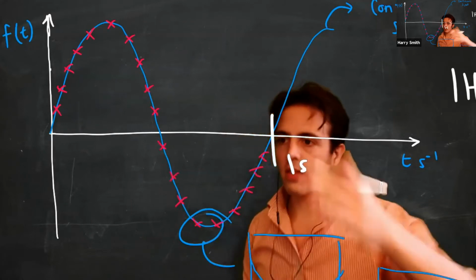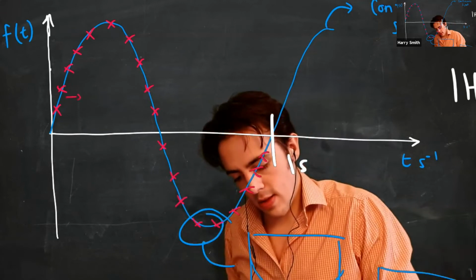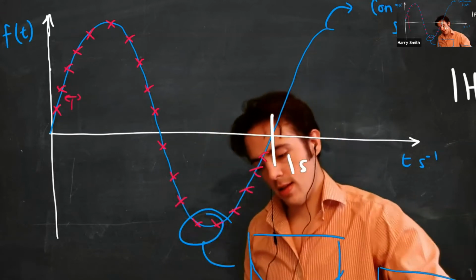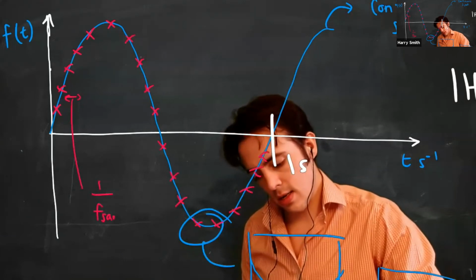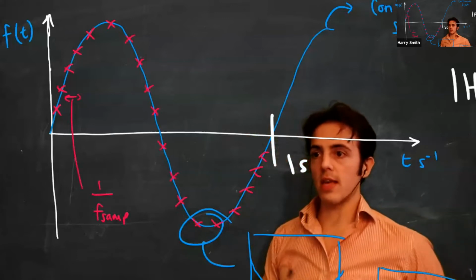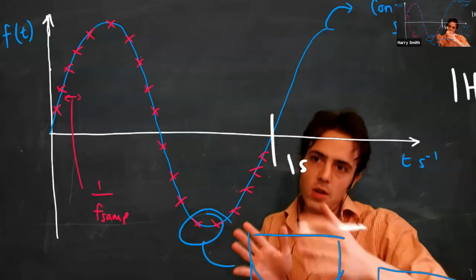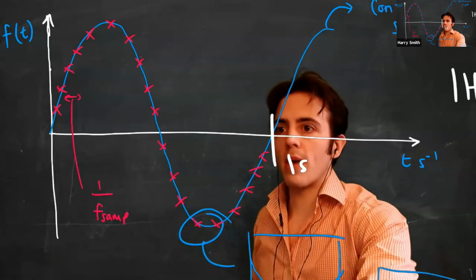It's going to take those at fixed intervals. So the distance between each of these is going to be 1 over fsamp, and fsamp is the sampling frequency. That's the time interval between each one of those samples being taken.